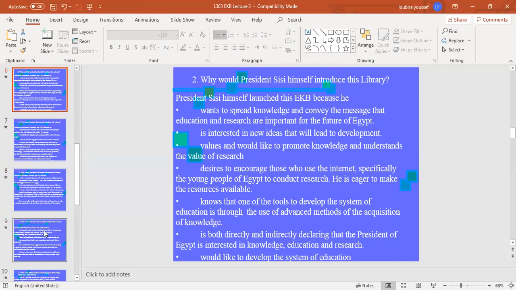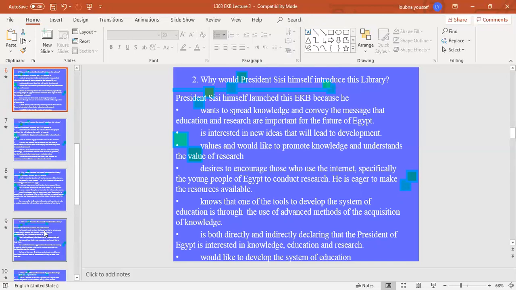Now, of course, we don't need to read them all in the lecture, because you can all read them at your own pace in order to understand them and compare them, so that you decide which, from your point of view, is the better answer.